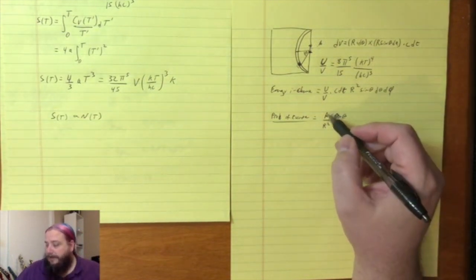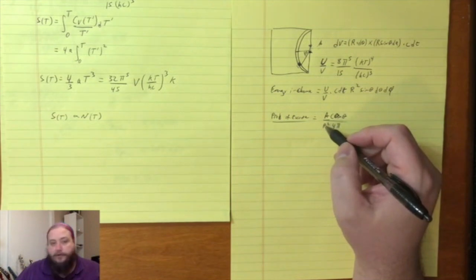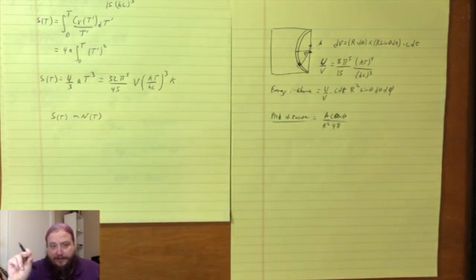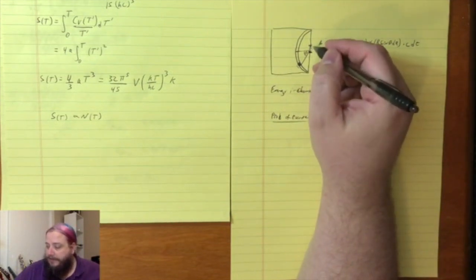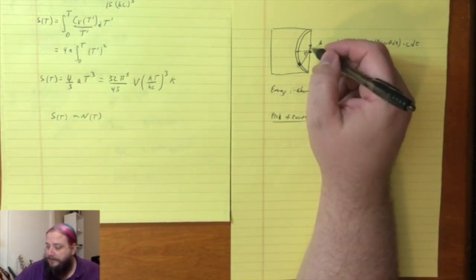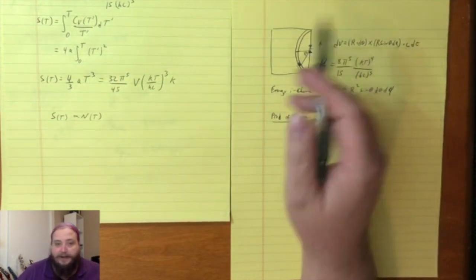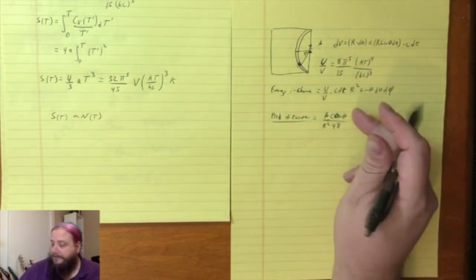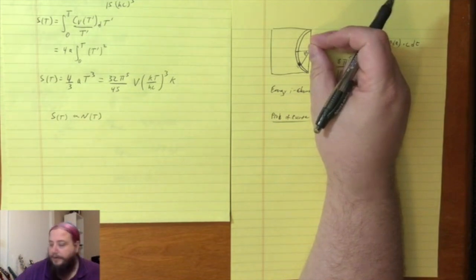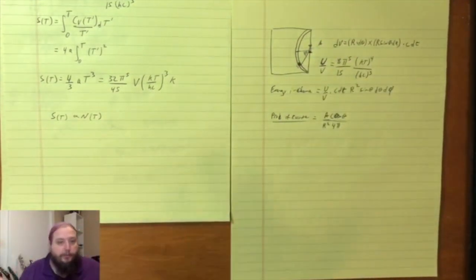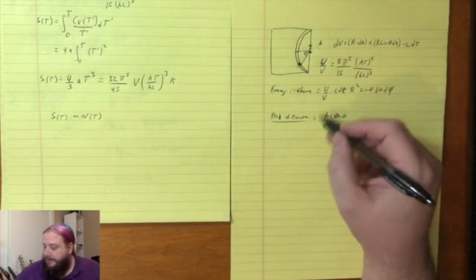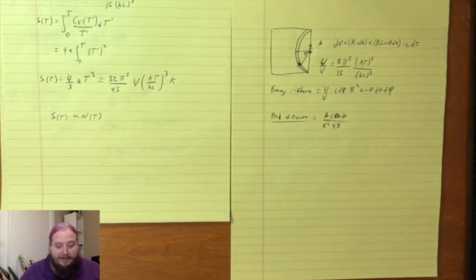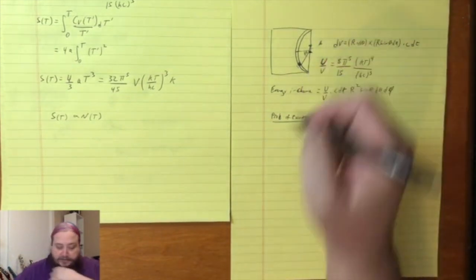So A cosine theta over r squared, that's the piece of all directions that goes through our window, and 4 pi is all directions. So the probability of escape is just the relative size of our window versus the whole sky, basically, as far as the photons are concerned.